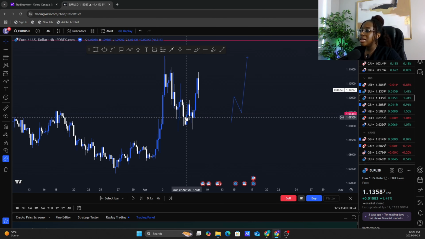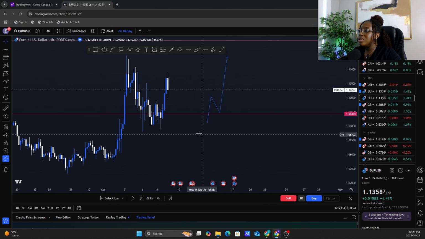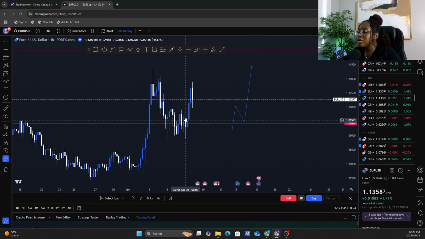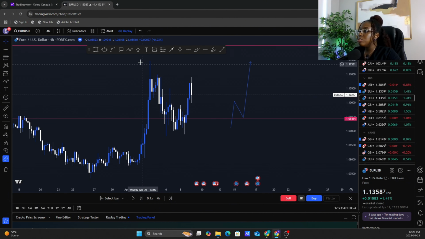Now the next thing that happened was the 4-hour time frame's immediate trend basically broke structure at this point. Where's my tool? Broke structure at this point, right? So structure got broken, let me use the rectangle.